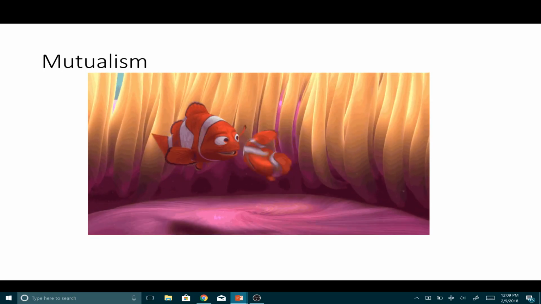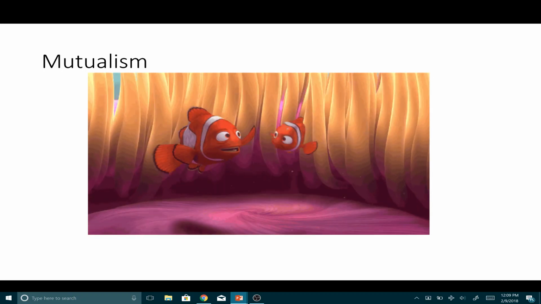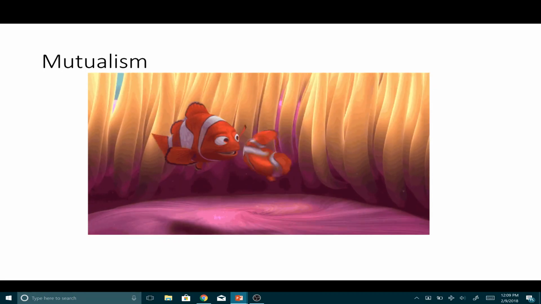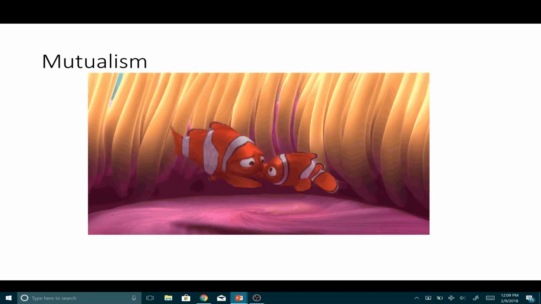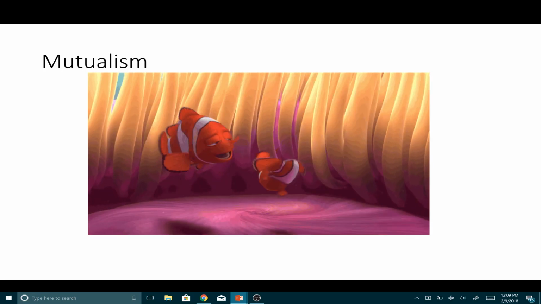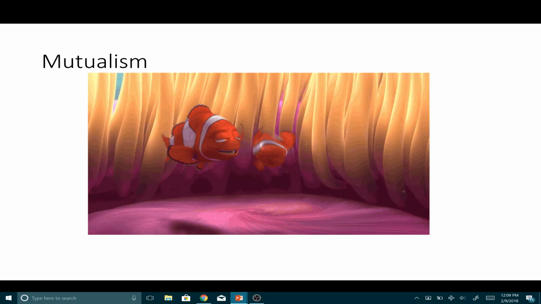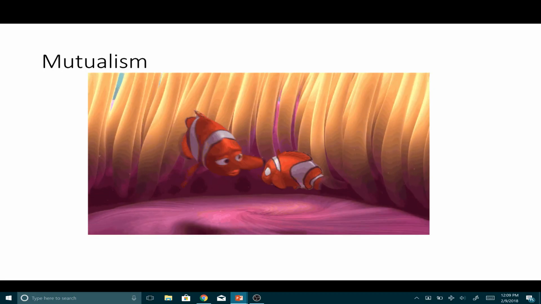And so most organisms are going to want to avoid the sea anemone because they don't want to get stung by these nematocysts on the tentacles. So the clownfish gets protection, and it also gets a place to live.